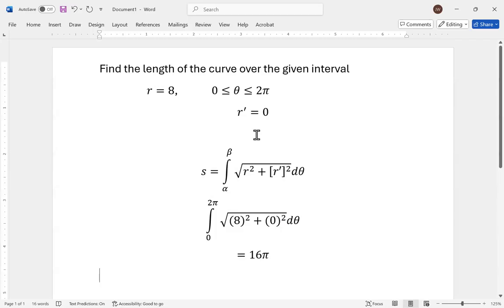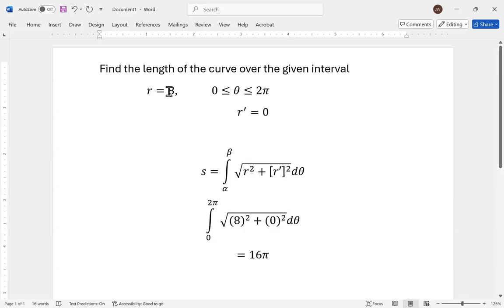And the circumference of a circle of radius 8 is 2 times radius times pi. Radius 8 would be 2 times 8 times pi, which is 16 pi. So we've confirmed that we get the right value, at least in this case of the circle of radius 8.